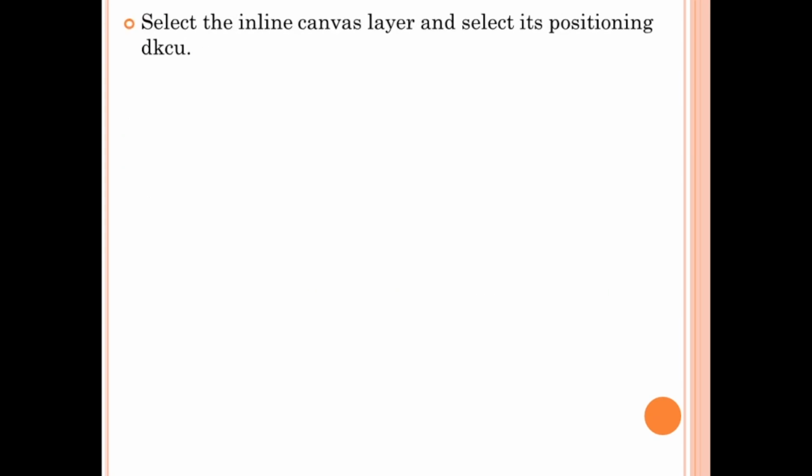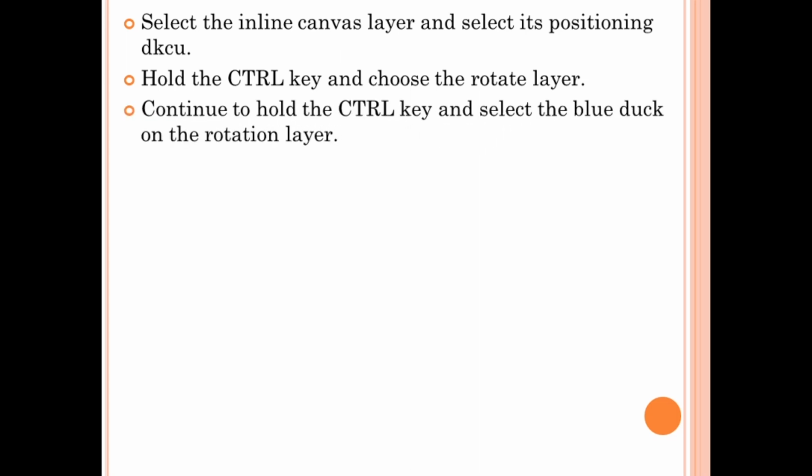Now select the inline canvas layer and select its positioning duck. Hold the control key and choose the rotate layer option. Now continue to hold the control key and select the blue duck on the rotation layer.